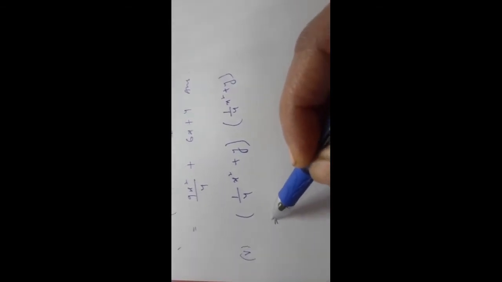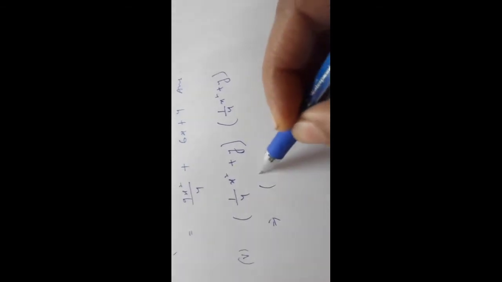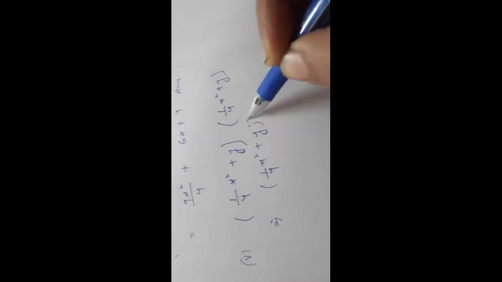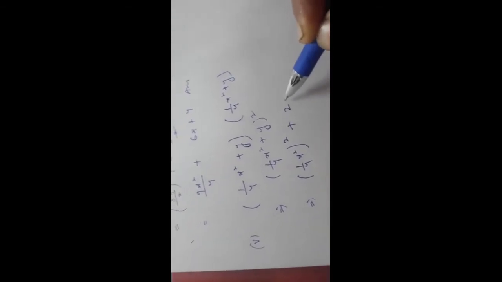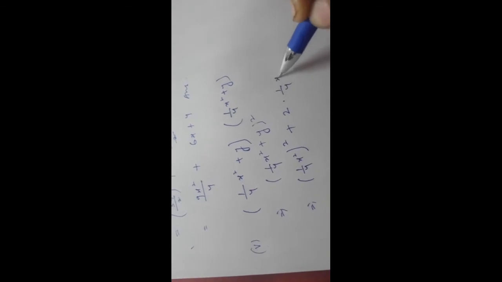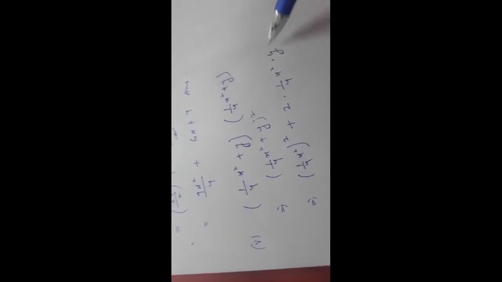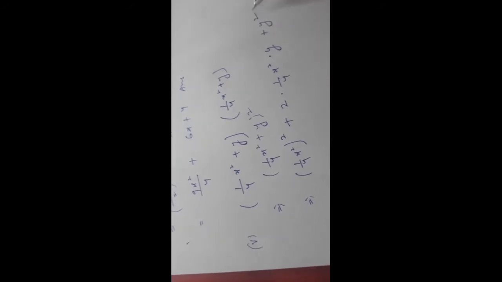In our fifth part, 1 by 4 x square plus y is given. So how would we solve it? 1 by 4 x square plus y whole square would be equal to 1 by 4 x square whole square plus 2 into 1 by 4 x square into y plus y square.